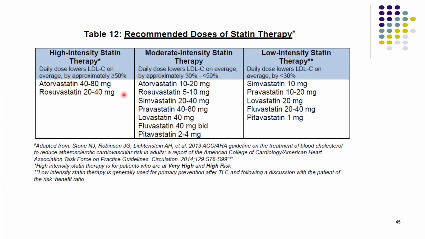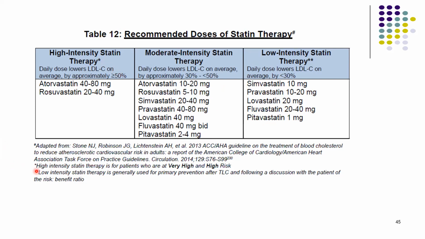Moderate is atorvastatin 10 to 20, rosuvastatin 5 to 10, and others like simvastatin and pravastatin belong to the moderate. Low intensity, or very low, is simvastatin, pravastatin, lovastatin, fluvastatin, and pitavastatin, with a very low dose.